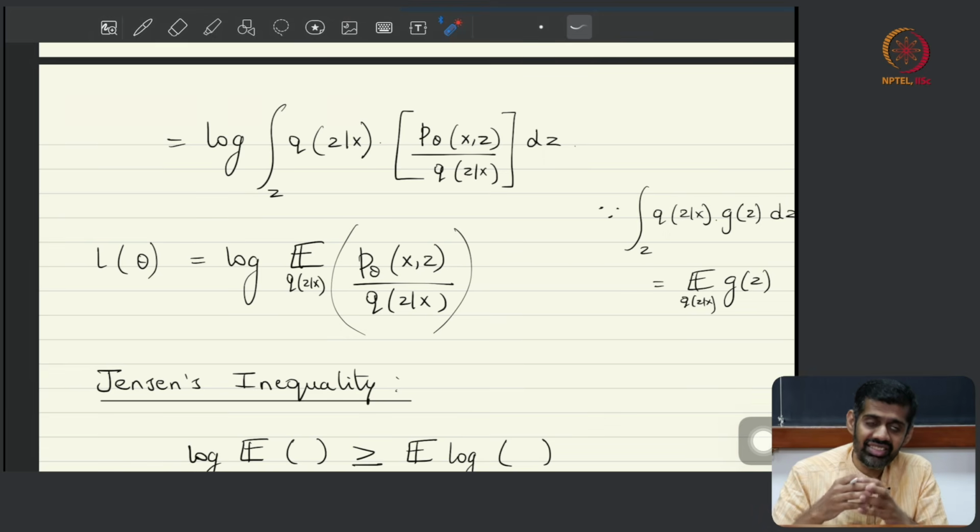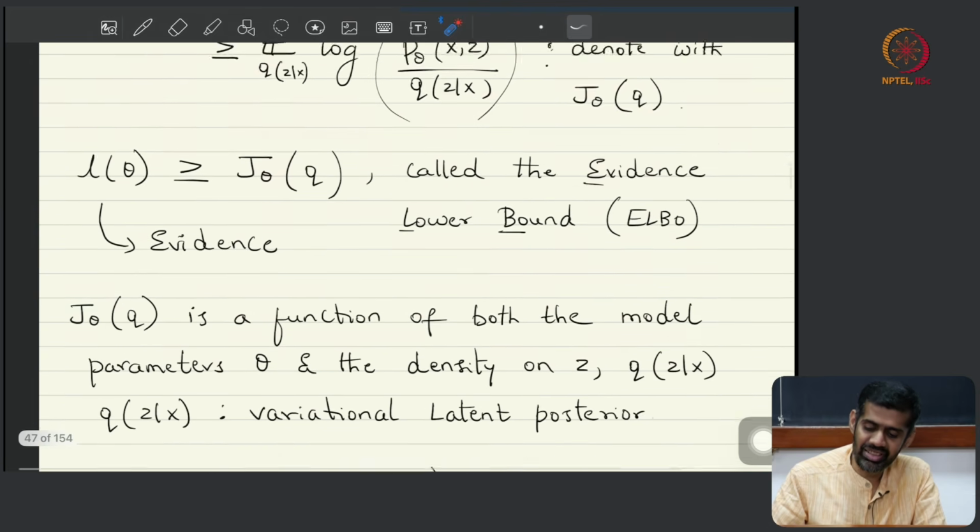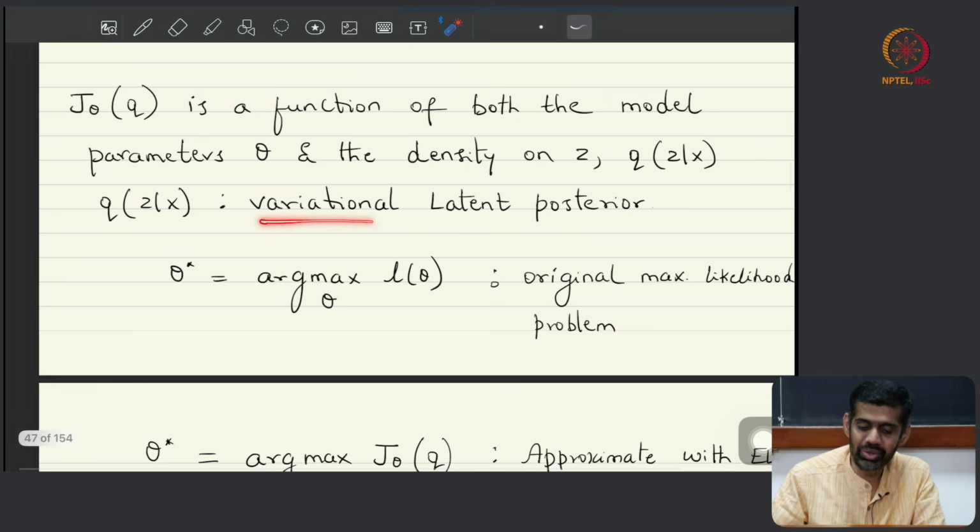There is a branch of machine learning called variational machine learning, which takes its roots from variational calculus and the Euler-Lagrange equations, where they estimate these latent posteriors using those methods. Since we are solving optimization over a function which is inside an integral, this function is also called the variational latent posterior. That's how the name came.